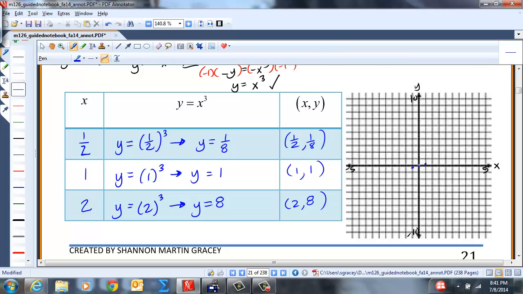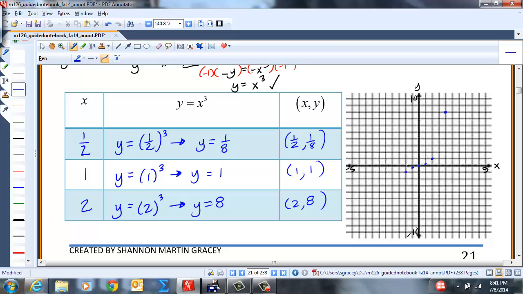And what else? We've got 1, 1. So we will have -1, -1. And then we had 2, 8.